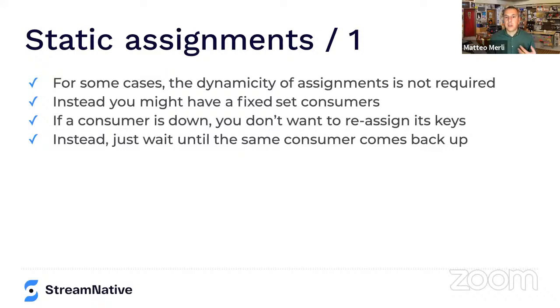Instead, you might want to specify that you want to receive a portion. Say if I have 10 consumers, I could just specify that I want to receive the first 10% of the hash range. If I'm consumer 2, I will receive the second 10%, and so on. So each consumer will get the same hash range that will compose 10% of the entire key space.